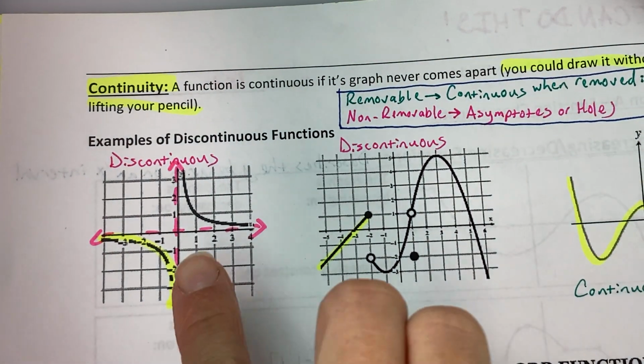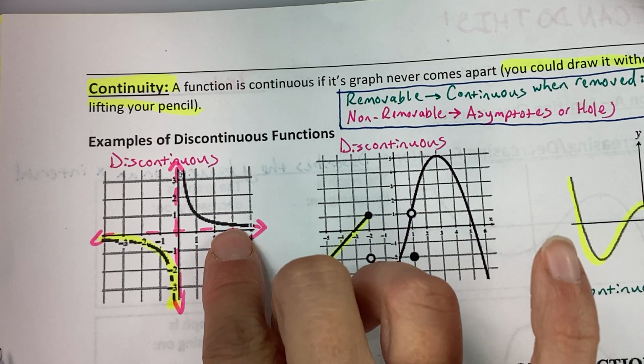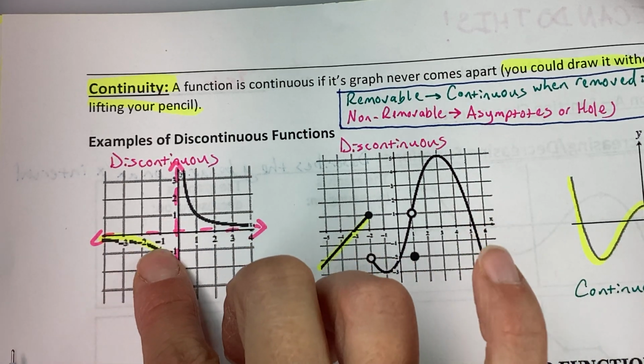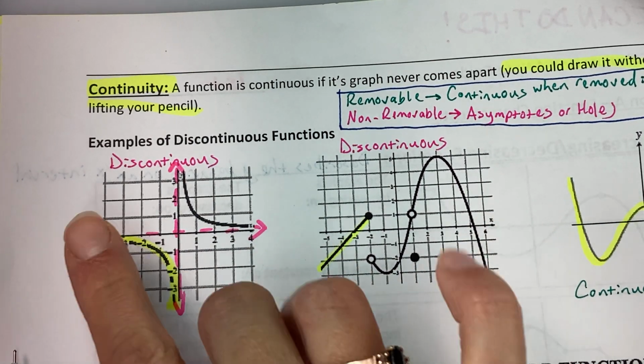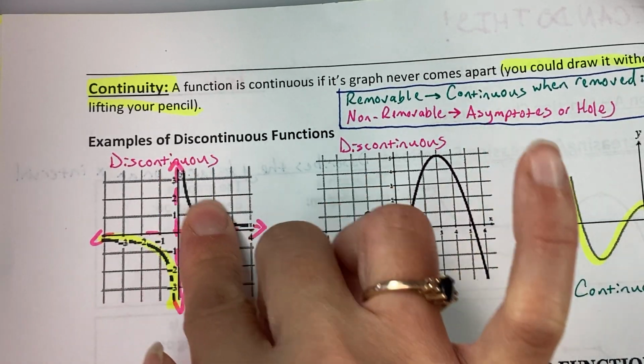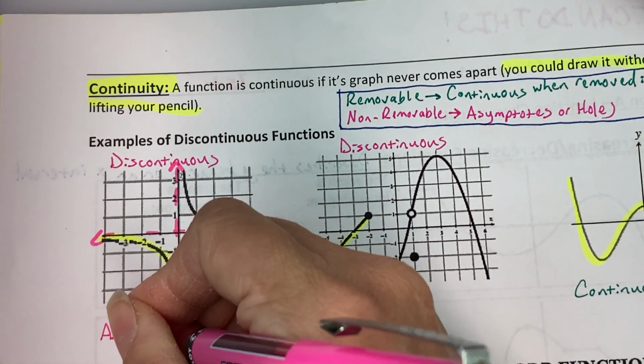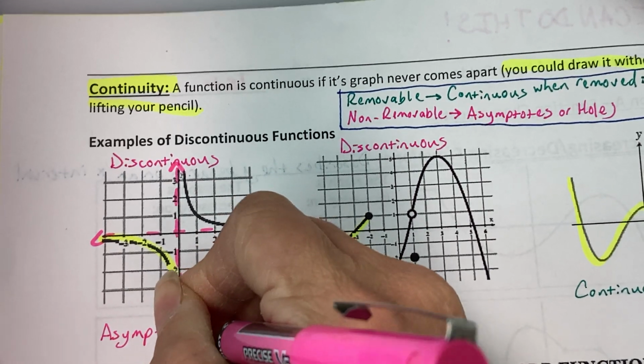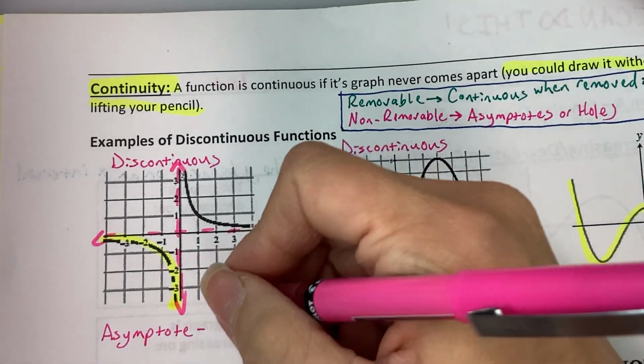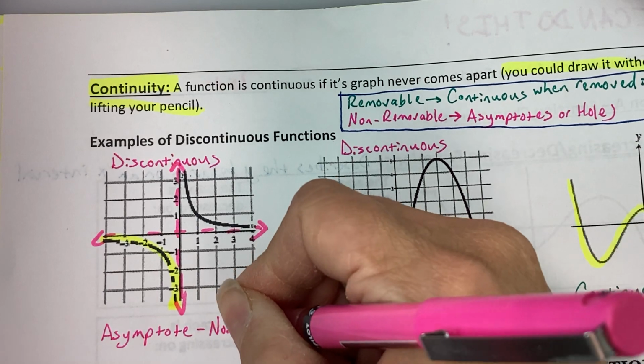Now, if we remove those asymptotes, can I make this function continuous? And the answer is no, because I still have those two separate swooshes. So my asymptote is my discontinuity, and we classify it as non-removable.